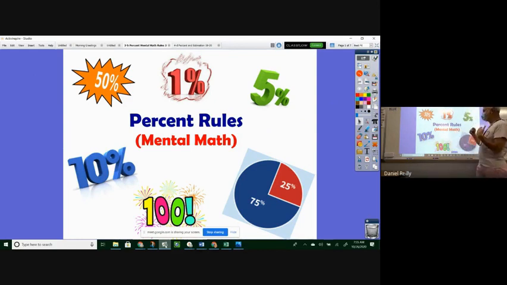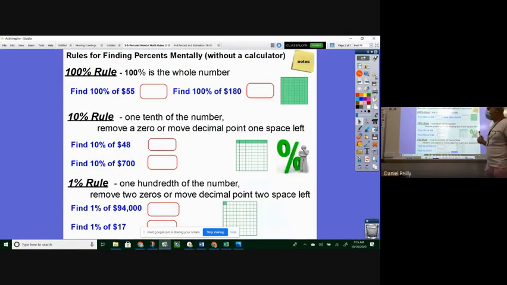So there are lots of mental rules that you can use to find percents of a number. Remember that percent is always out of 100. That's what percent means. So if you're asked to find 100% of a number, that should be pretty simple.